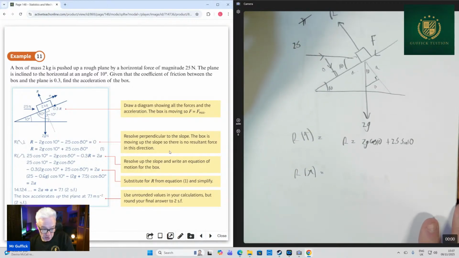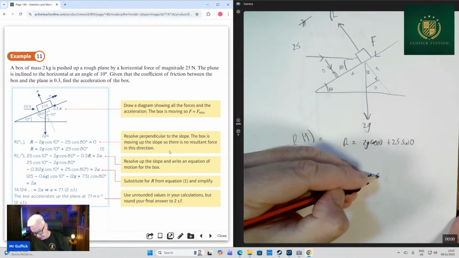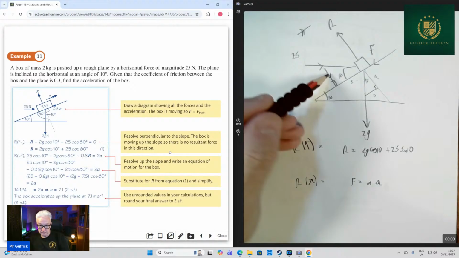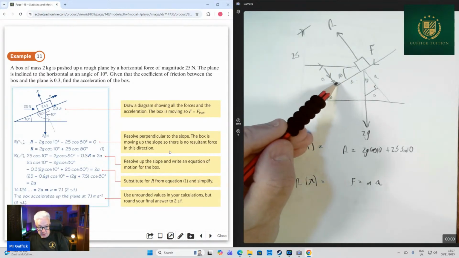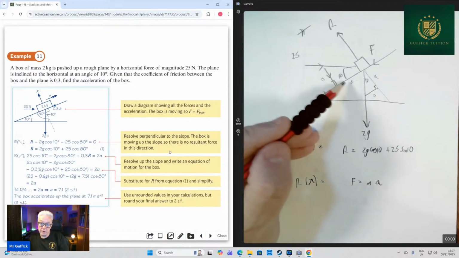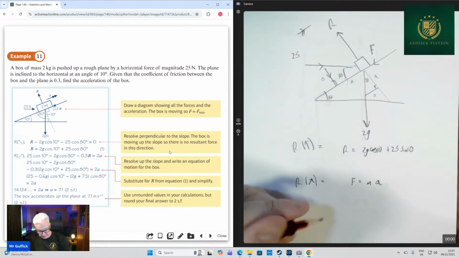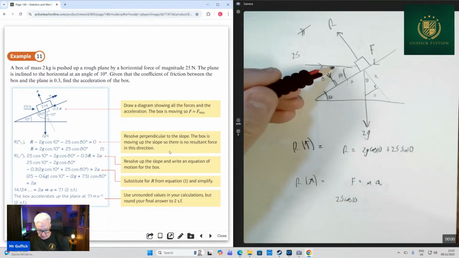Now it's in motion, so we're going to use Newton's second law. So we're going to write down F equals ma. Now let's think about what's going up the plane. So we've got 25 times cos 10 pushing it up the plane, okay? Because that's the component of this force that's acting up the plane like that, 25 cos 10. So we've got 25 cos 10 going up the plane.